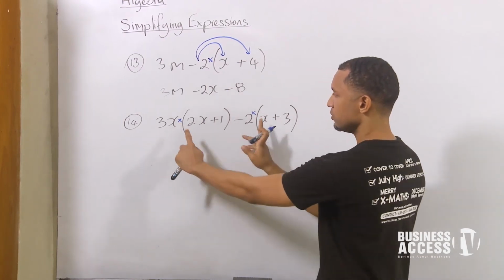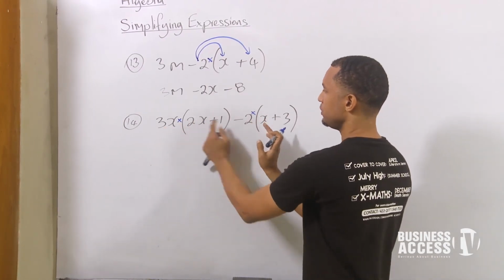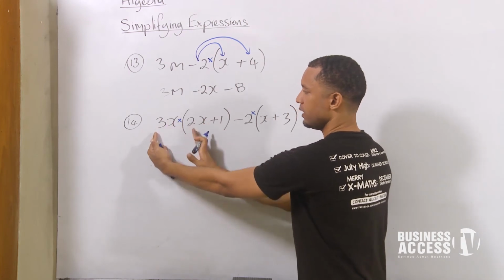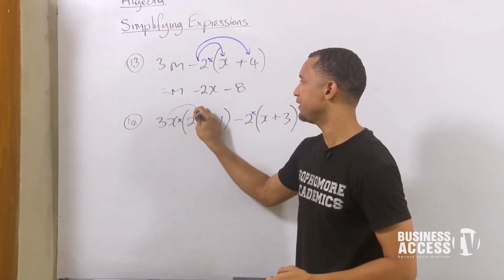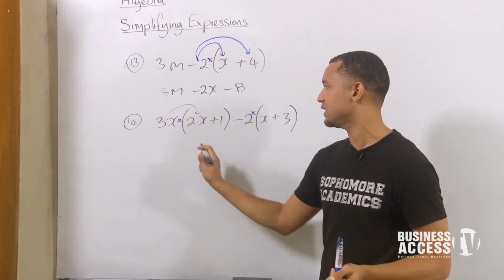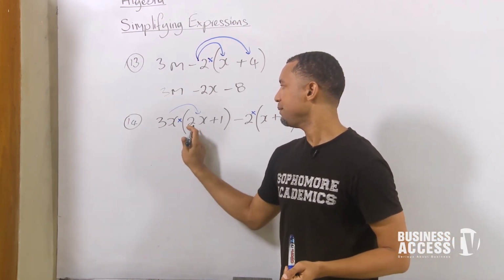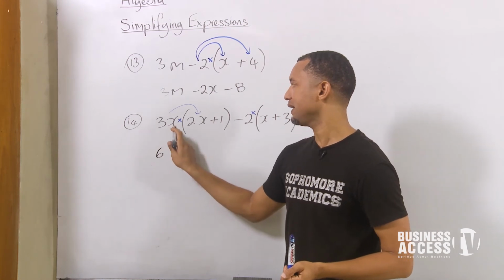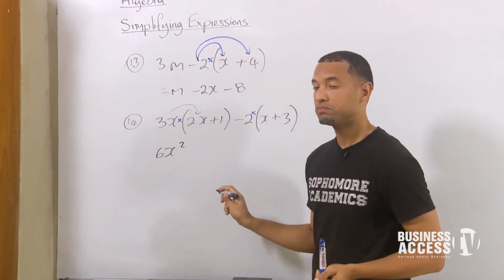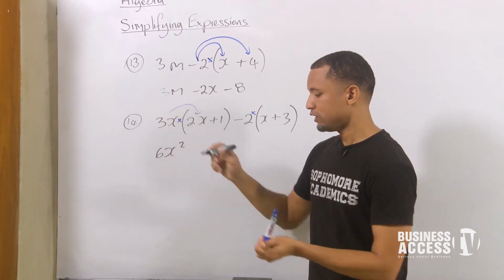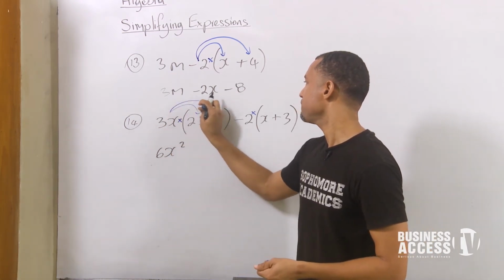So let's do that. We have these two multiplications to take place. This one right here and this one right here. It's going to be 3x multiplying by 2x, which gives you what, ladies and gents? 3 times 2 is 6, and x times x is x squared. 3x now is going to have to multiply with 1.